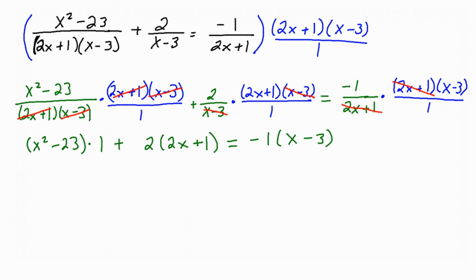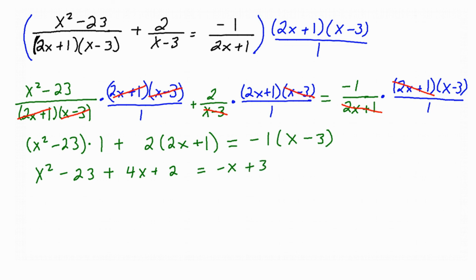Distributing, x squared times 1 is x squared, minus 23 times 1 is minus 23, plus, distributing again, 2 times 2x is 4x, plus 2 times 1 is 2, equals, distributing again, negative 1 times x is negative x, negative 1 times negative 3 is a positive 3.